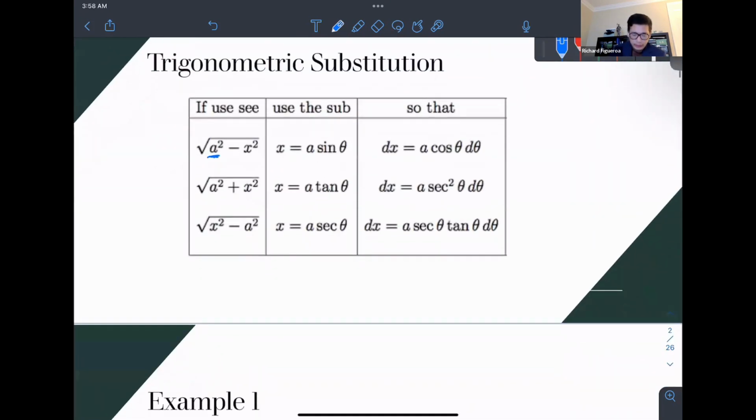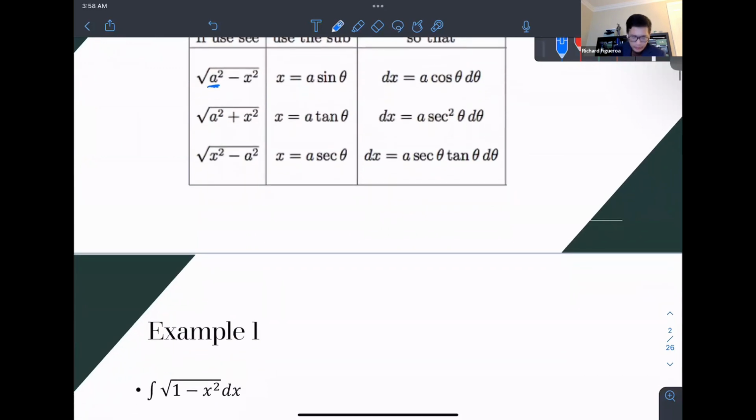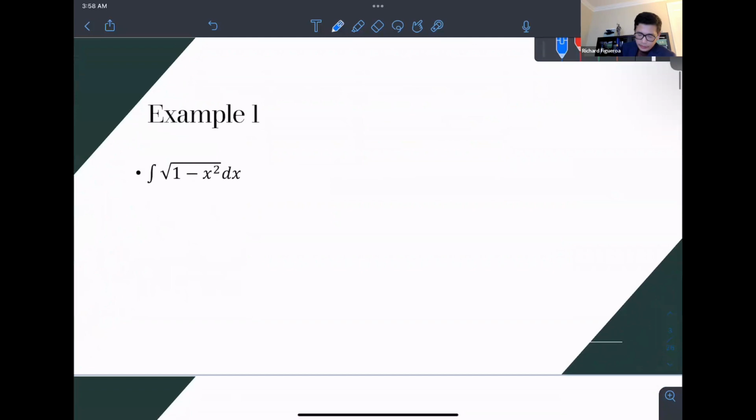Among the three, it resembles the first one, because a squared here serves as 1, and our x squared is the same as the x squared.